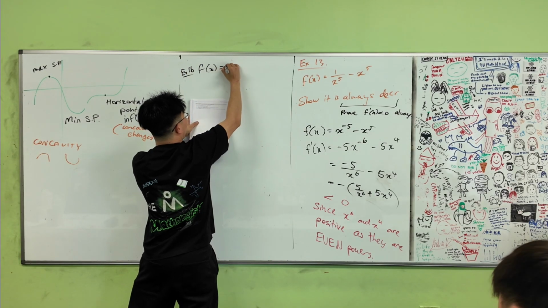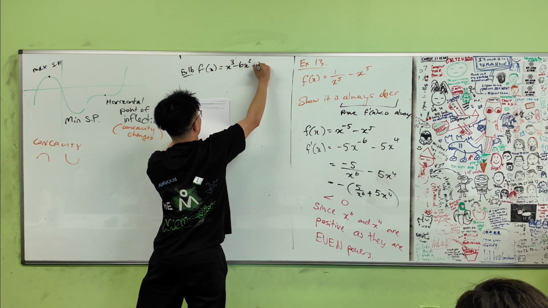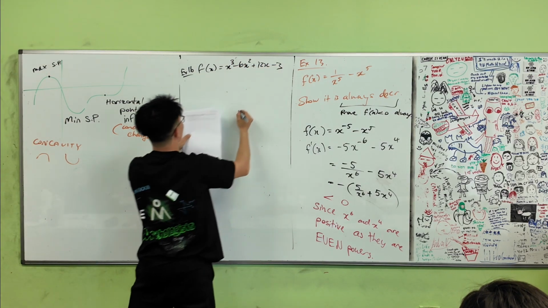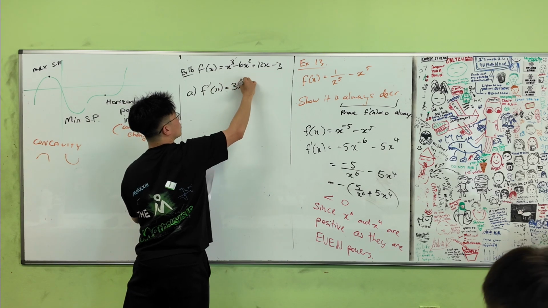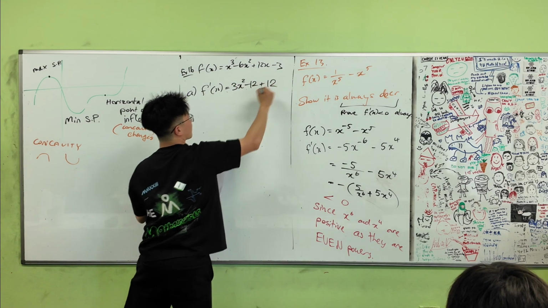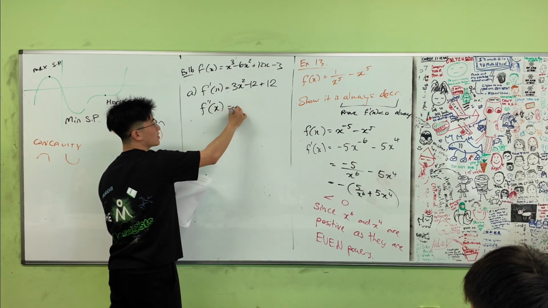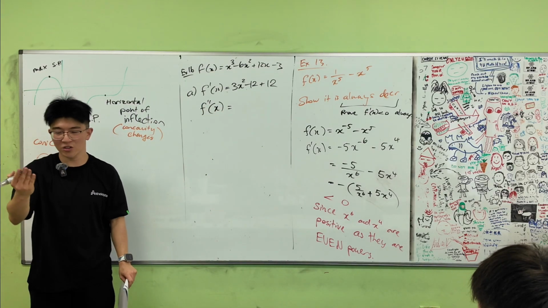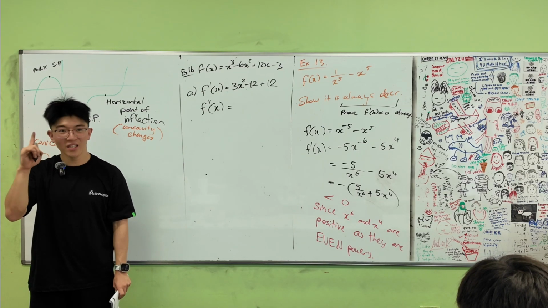f of x is equal to this function, example 16: x cubed, take away 6x squared, plus 12x, minus 3. Part A says find f dash. So we're just going to differentiate that as usual. We've seen this before, by the way. f double dash: what is f double dash?